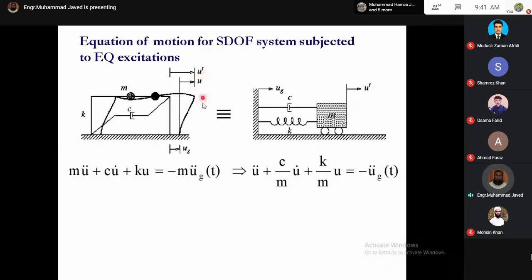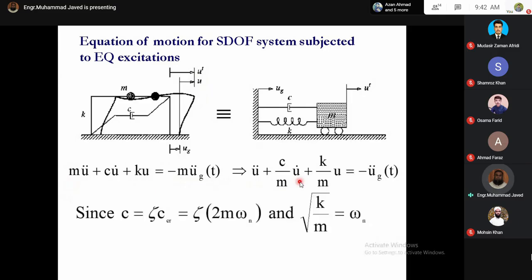In this case, we discussed in the previous lecture that in case of base excitation, the equation of motion has this form, which can be simplified and rewritten in this form.